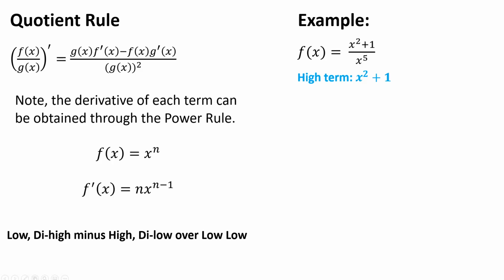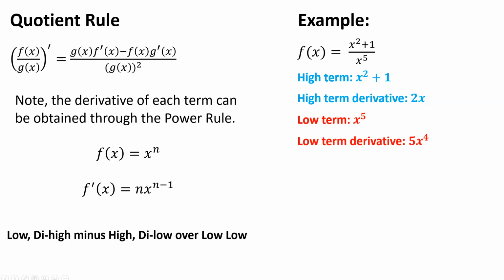The derivative of that, remember, just using the power rule on each term, the sum of the derivatives equals the derivative of the sum. So take the derivative of everything there, and you'll end up with just 2x. Now we have to take the lower term, which is x to the fifth, and its derivative, again using the power rule, 5x to the fourth. Take down the exponent, make it a coefficient, and subtract 1 from the original exponent.